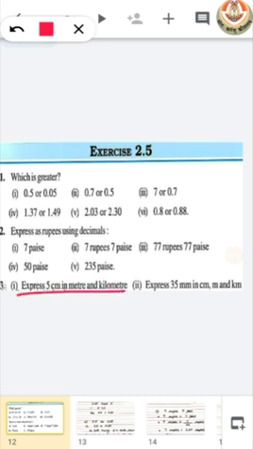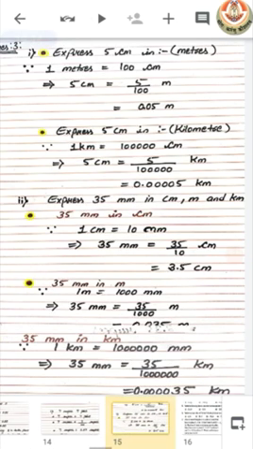In the third question we have to express a given unit, for example 5 centimeter, into meter and kilometer. Similarly, in the second part we have to convert 35 millimeter into centimeter, meter and kilometer. So let's check its solution.